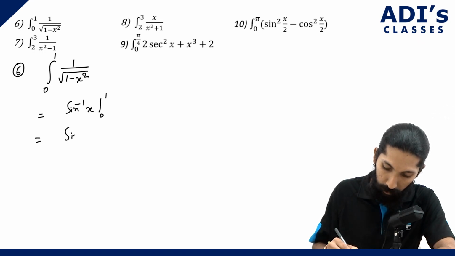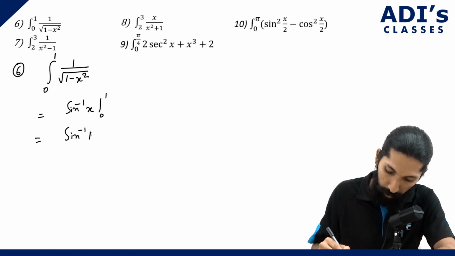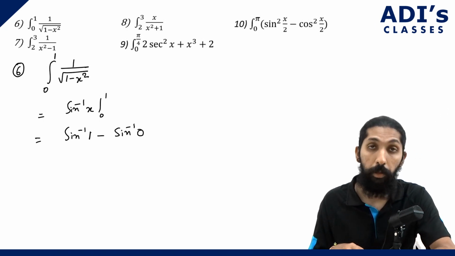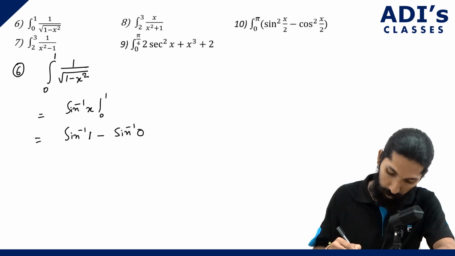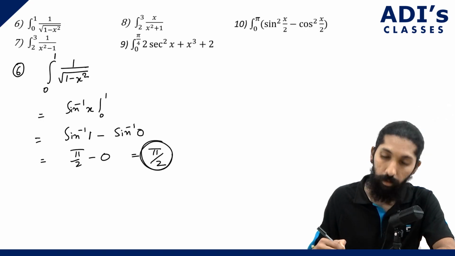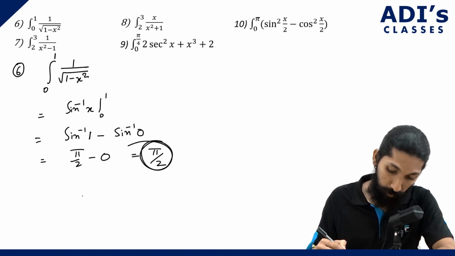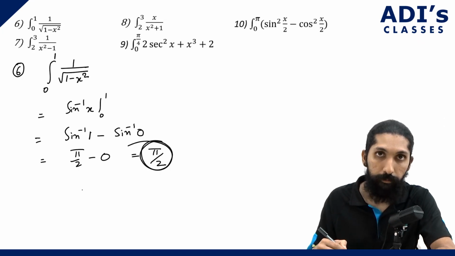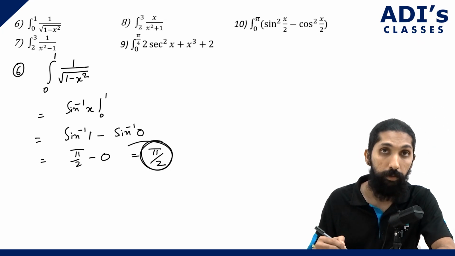This is sine inverse 1 minus sine inverse of 0. What is sine inverse of 1? Pi by 2. So the answer is pi by 2 minus 0, which is just pi by 2. So the answer for the sixth one is going to be just pi by 2. Clear? Let's do the seventh one now.